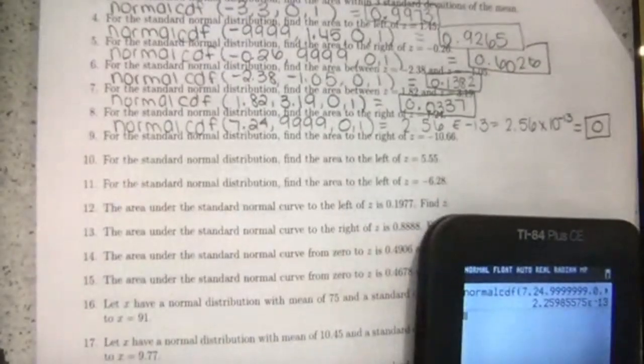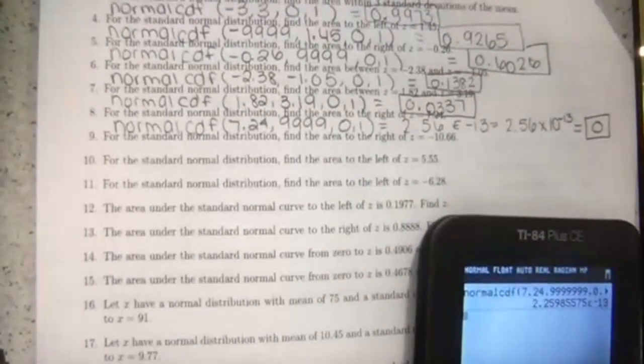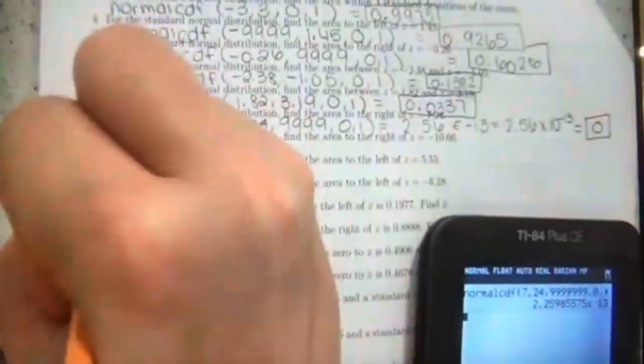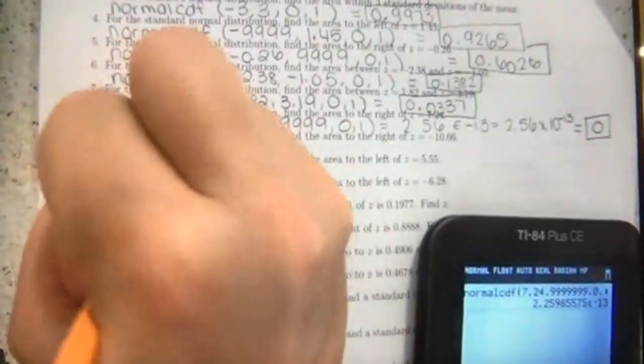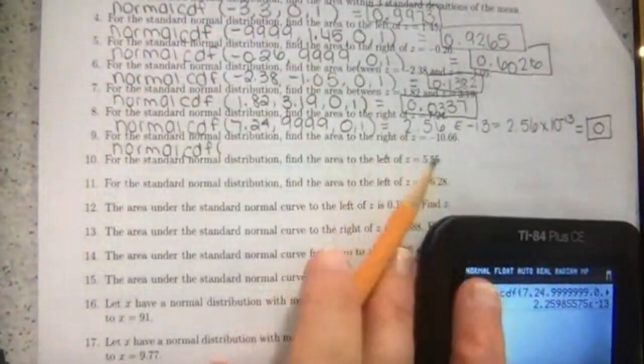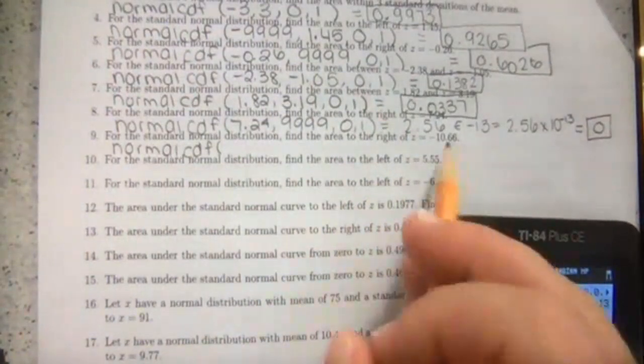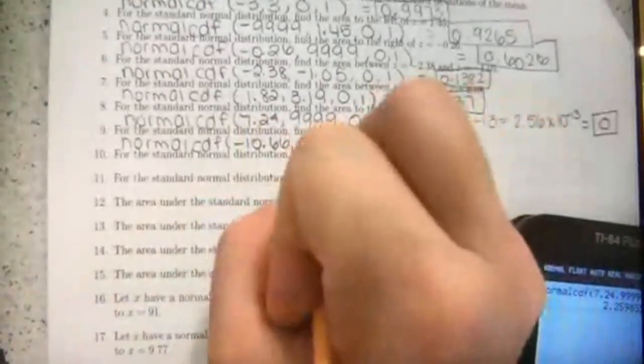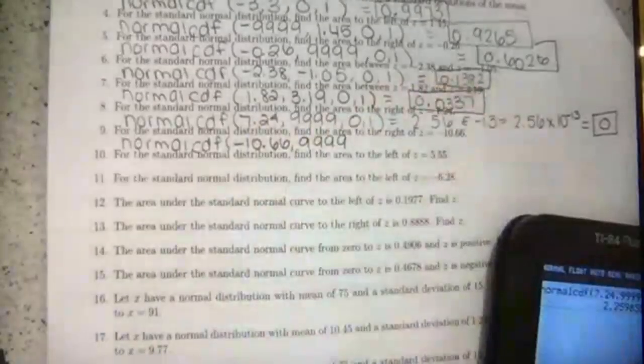So looking at the next one, number 9, for the standard normal distribution, find the area to the right of z equaling negative 10.66. This is the other extreme. So normal CDF. It says area to the right. So this is telling us if I had a right tail, our lower limit is negative 10.66, comma, our upper boundary would be positive infinity, so 99999.